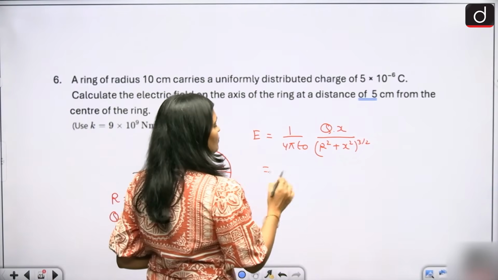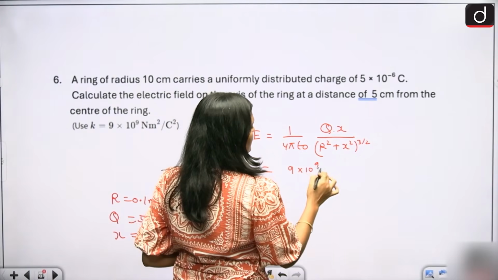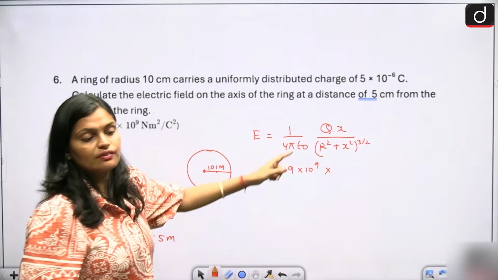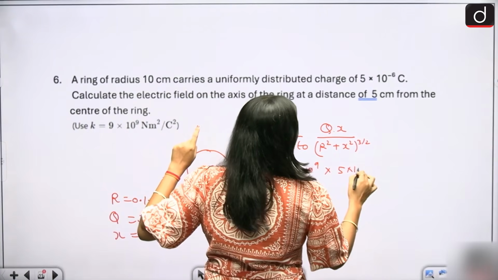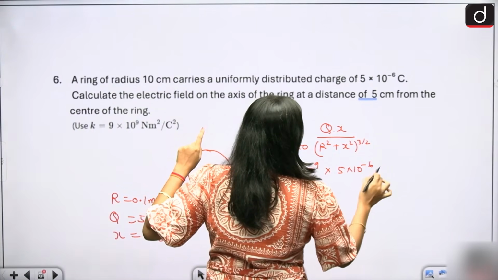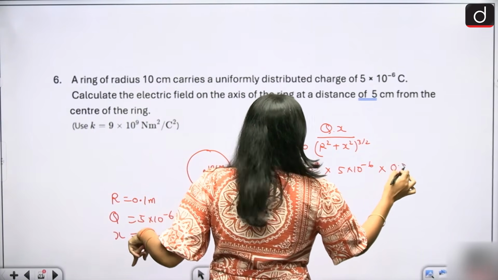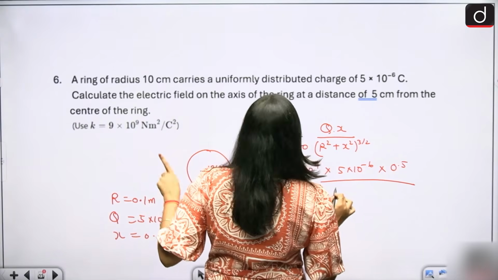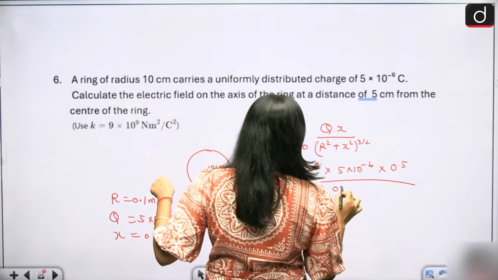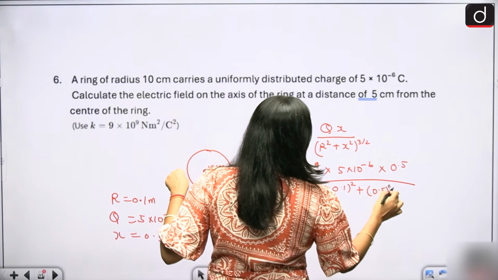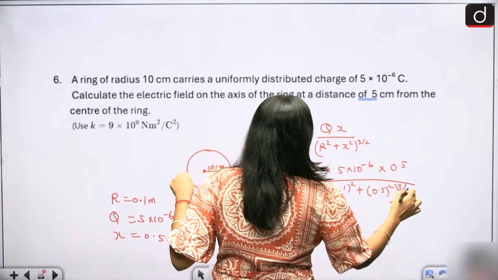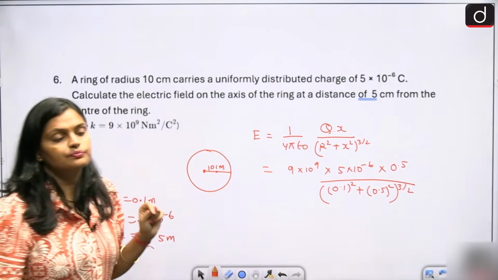So just write down the values: 9 into 10 to the power 9, the value of Q is given as 5 into 10 to the power minus 6, x is 0.05, R square is 0.1 square plus 0.05 square, to the power 3 by 2.